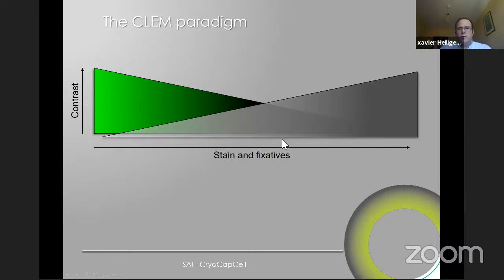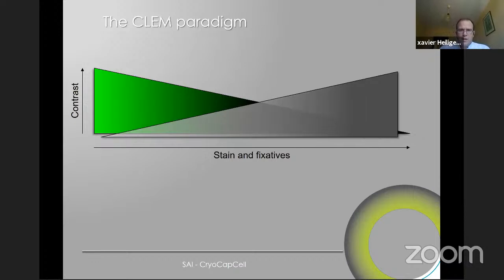And the more you increase the stains and fixatives, the lower is the fluorescence in light microscopy. But don't get it wrong here. This is exponential in both cases. So basically, instead of being a slight slope here, it would drop here as soon as you add a bit of fixatives. And the contrast requires quite some fixative, but it will already kill the fluorescence before.